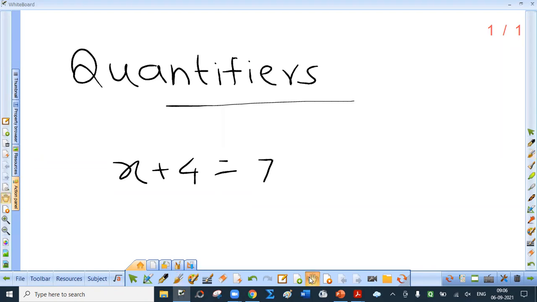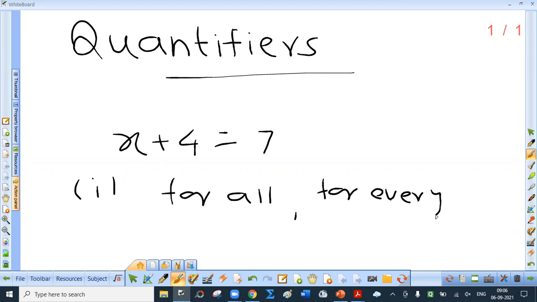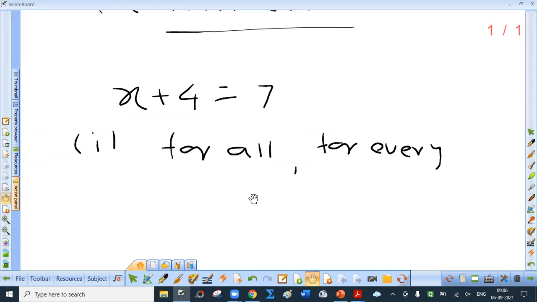Now there are two quantifiers. The first quantifier is called the universal quantifier. The quantifier for all or for every is called the universal quantifier and is denoted by this symbol.